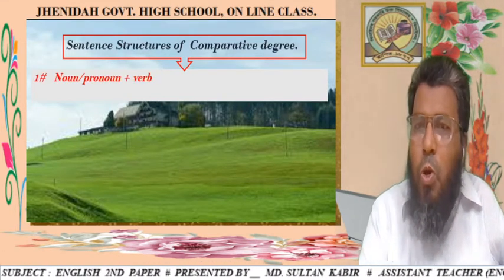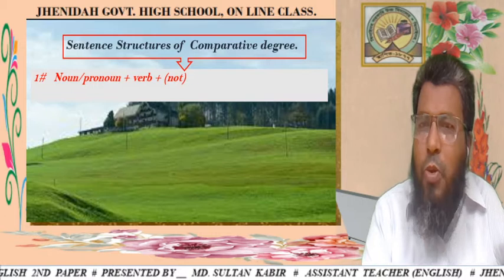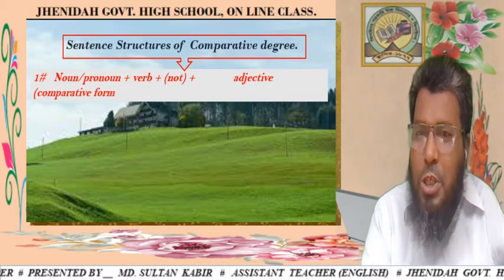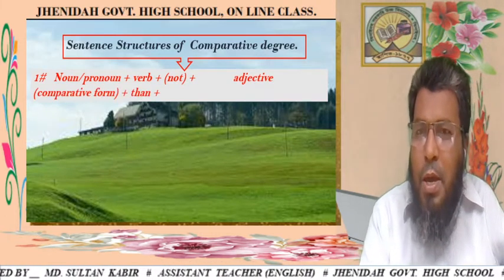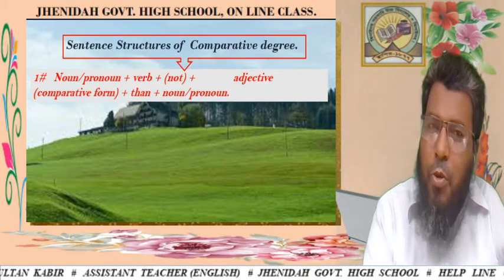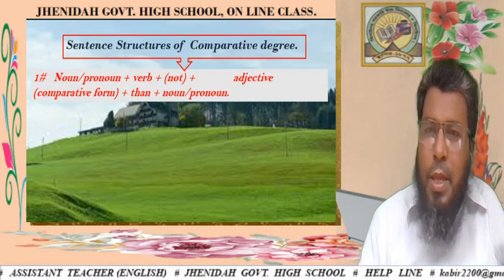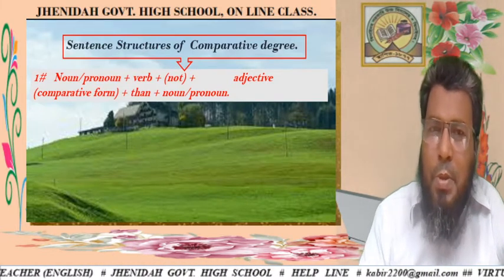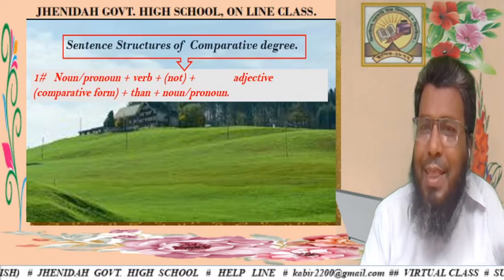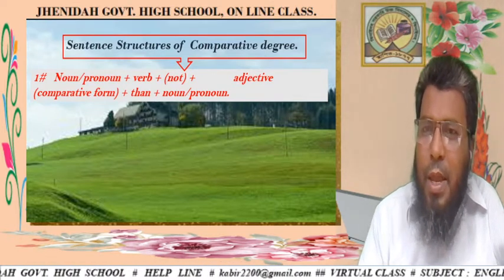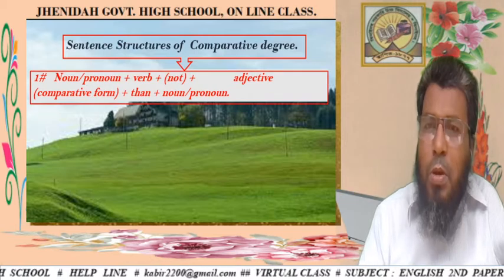Okay, noun or pronoun. That means you can say noun phrase, then verb plus not within bracket. That means the sentence may be affirmative or negative, and then adjective. The adjective must be in a comparative form. Then, after that, noun or pronoun. You look here.